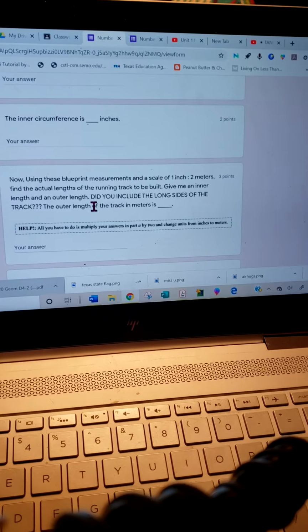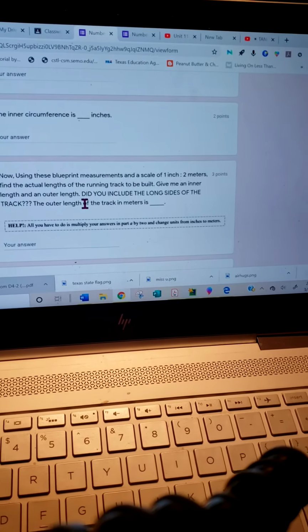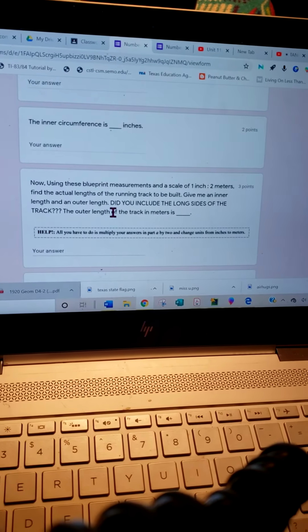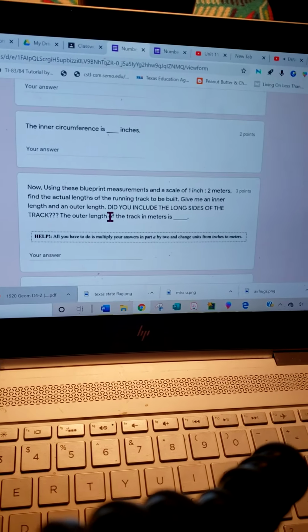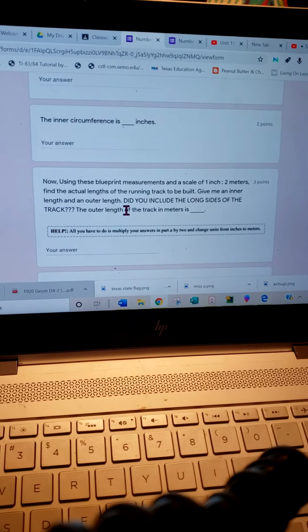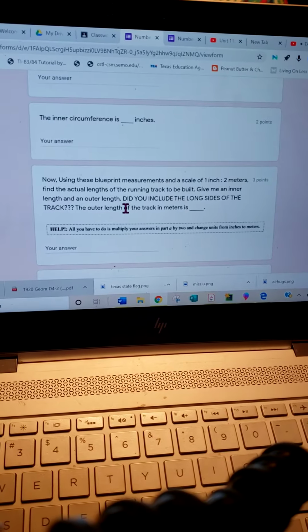Now this is where I'm clarifying something he did not put in there, and if you're not careful, you'll get the wrong answer. I put this: did you include the long sides of the track? Because he left that out of his help. Do the outer length of the track. So the outer length of the track in meters is blank. You're going to have to go back and include the outer length, not just the circumference of the circles.